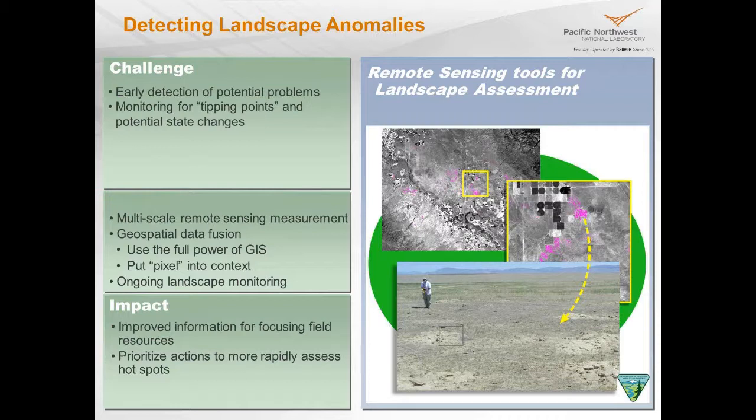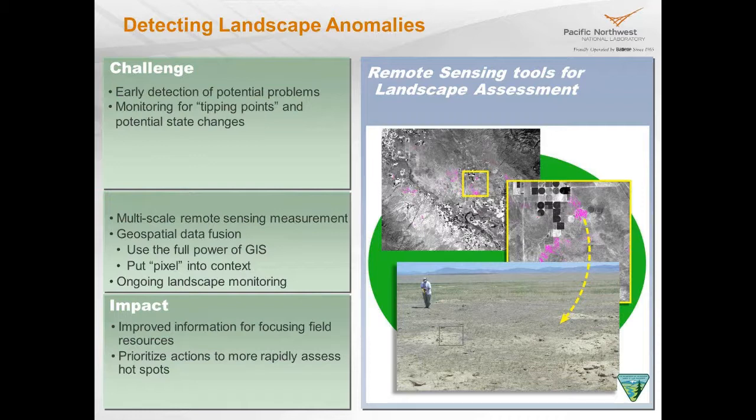The way this works is to take these high-flying remote sensing data, in this case from the Landsat sensor, but it can be from any suite of sensors, and put the pixel into some sort of context by stratifying the landscape in some fashion. In this example, we used the ecological site descriptions from the soils database, and looked at the distribution of pixel values within ecological sites.